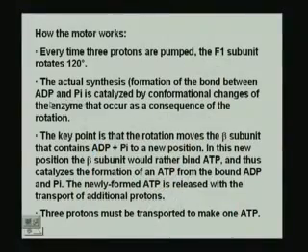So, the actual synthesis is the formation of ATP from ADP plus Pi, and that is catalyzed by conformational changes of the enzyme that occur as a consequence of the rotation. Now, what happens is the beta subunit contains the ADP plus the Pi. Okay? It is loosely connected.